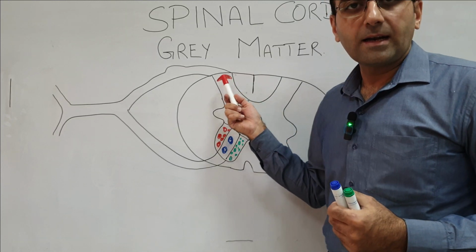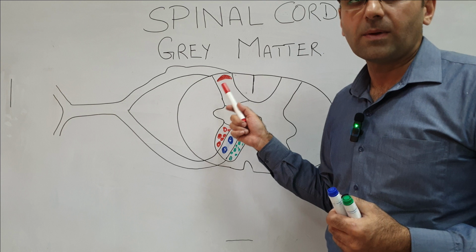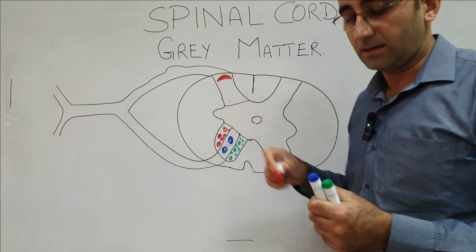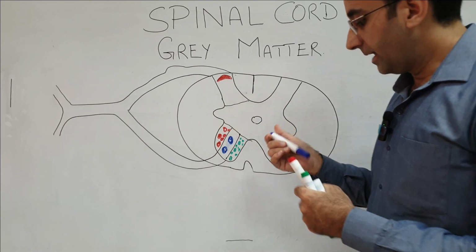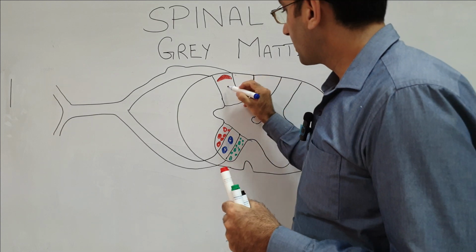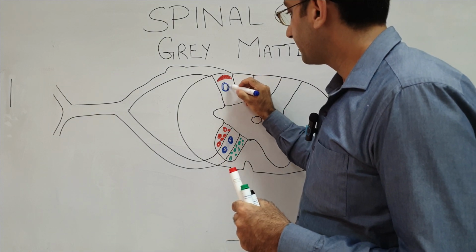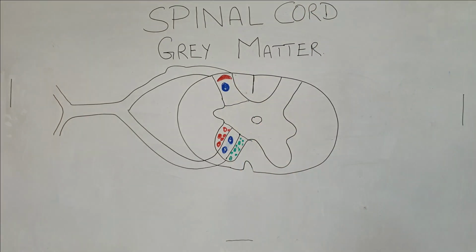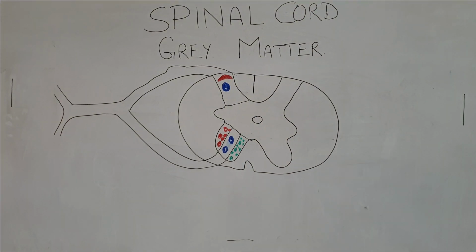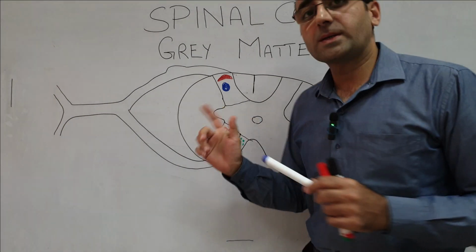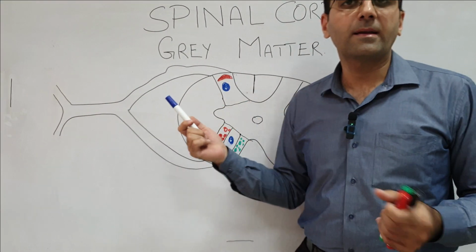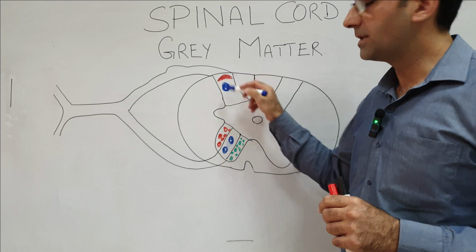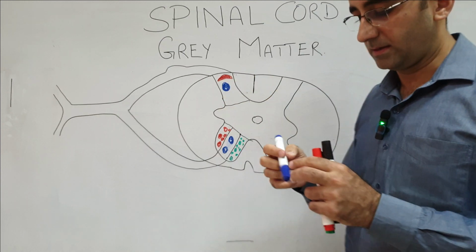Then comes a large nucleus which is called the nucleus proprius. This nucleus proprius is also related somewhat to touch, pain and temperature sensations. So both these nuclei almost share the same functions.